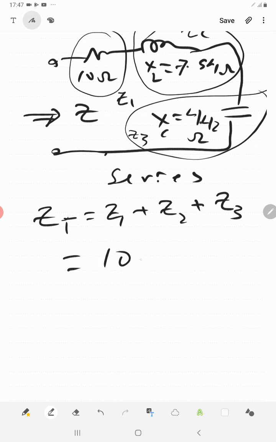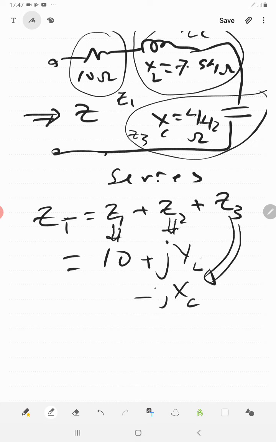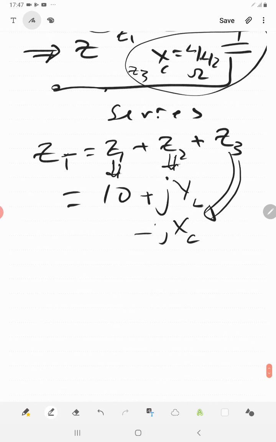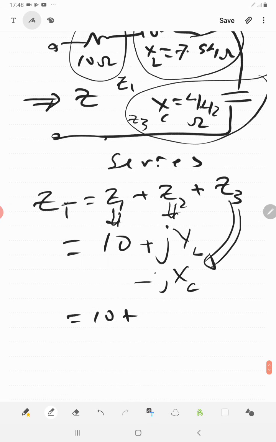While if it is inductance, we say jXL. If it is capacitance, minus jXC. So this is Z1, this is Z2, and this is Z3. Okay? So this is equal to 10 plus j7.54 minus j4.42.